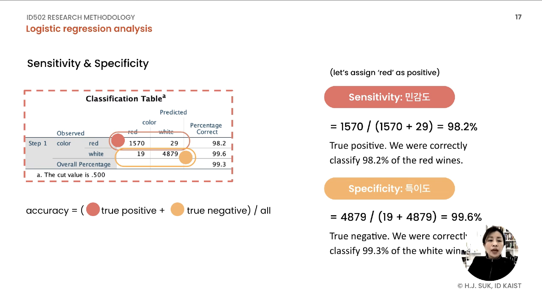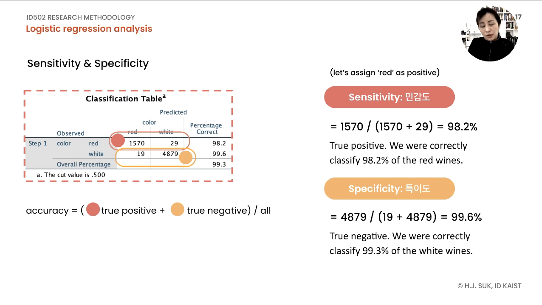Okay. And also, the sensitivity, specificity or accuracy are often mentioned in logistic regression analysis. The sensitivity is estimated through this. So among the red wine, how much percent were accurately estimated? And specificity is estimated as how much of the white wine, so actually the coded 1, value 1, has been correctly estimated here.